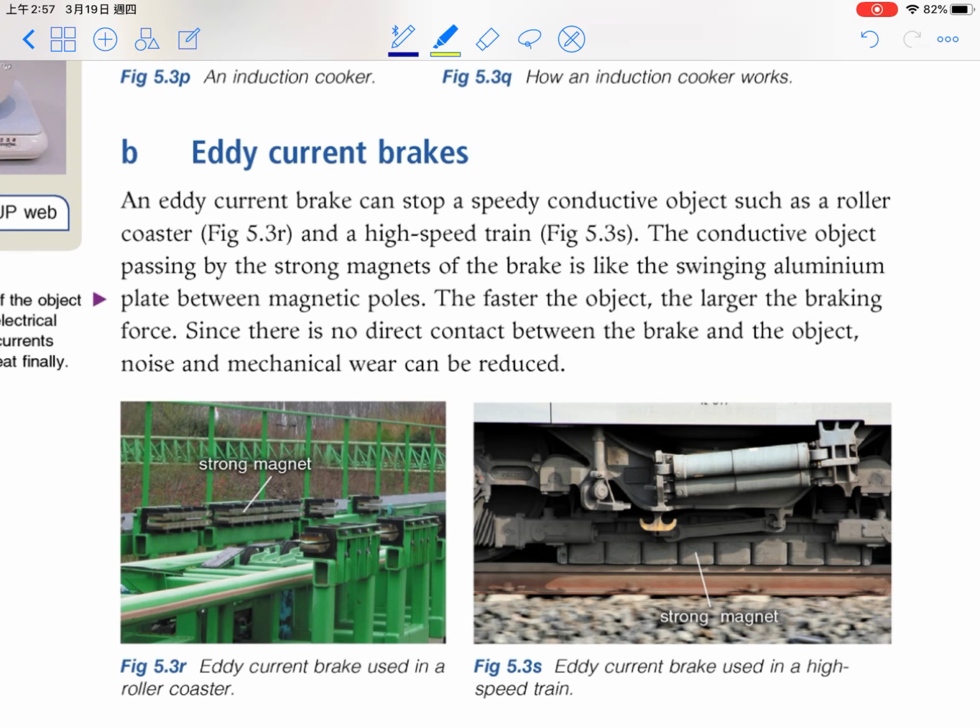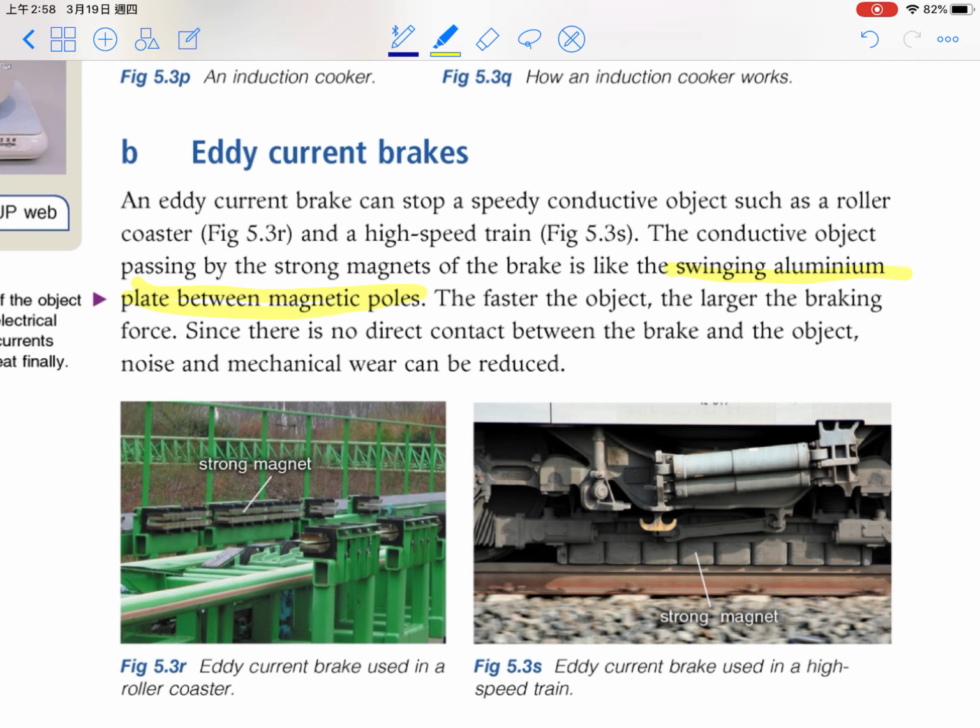And Part B, eddy current brakes. They are similar to experiment 5E. With eddy current we can have an opposing force, so we can have a braking force for a moving conductor inside a magnetic field. So here it's similar to swinging aluminum plates between magnetic poles.